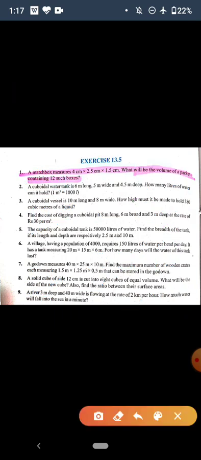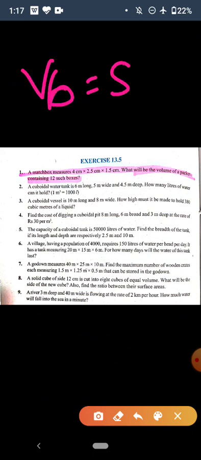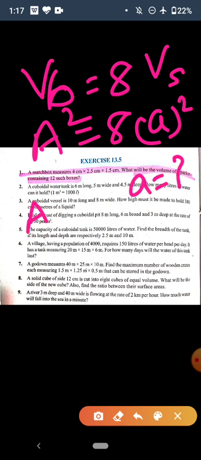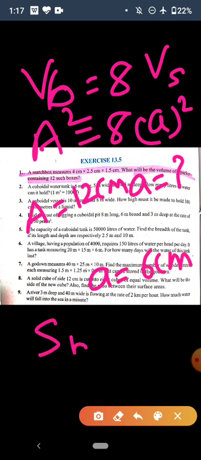What we have done is we have put volume of the bigger cube equal to 8 times the volume of the smaller cube. Then apply the formula a cube. Small a we don't know. Capital A we know, that is 12. After solving it, you get a is equal to 6 centimeter. Then you will calculate the ratio of the surface area of the bigger cube upon the surface area of the smaller cube.